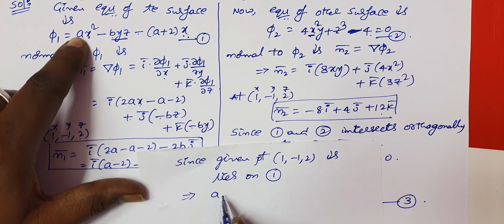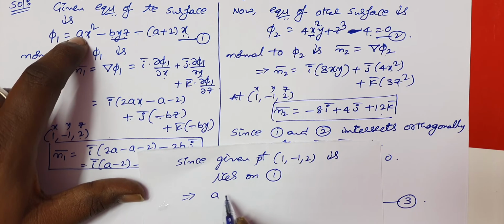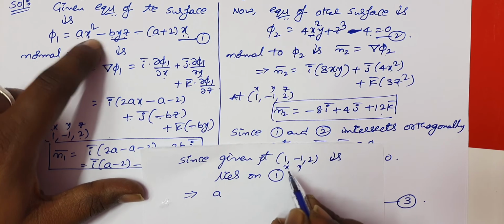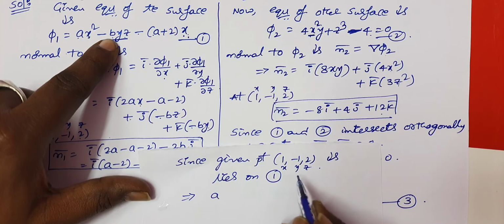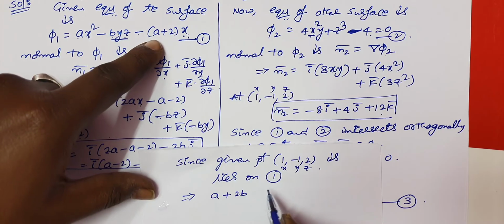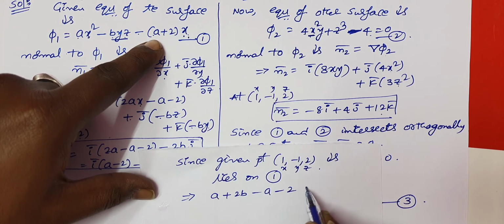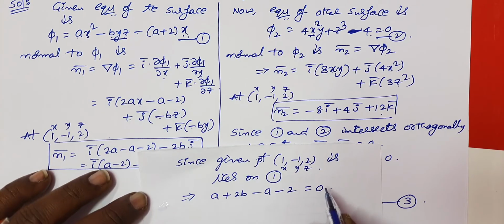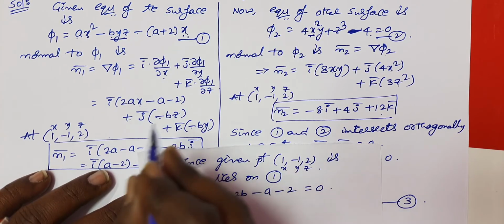So a into 1 square, so it is a, and b into y into z. Y value is minus 1, z value is 2, so you will get minus into minus, plus 2b, and here x is 1, so you will get minus a and minus 2 is equal to 0. This point should satisfy equation number 1.